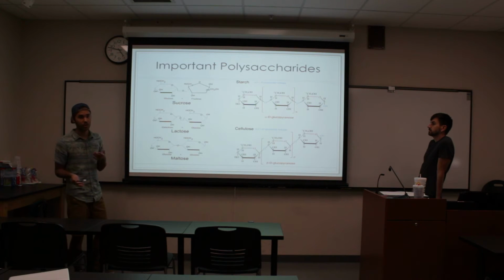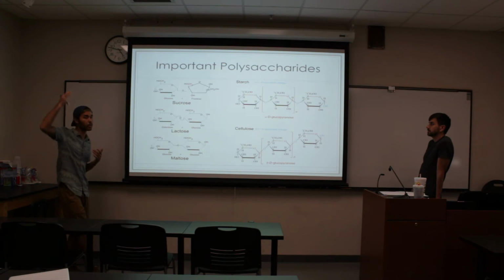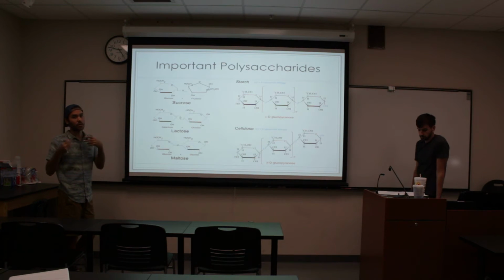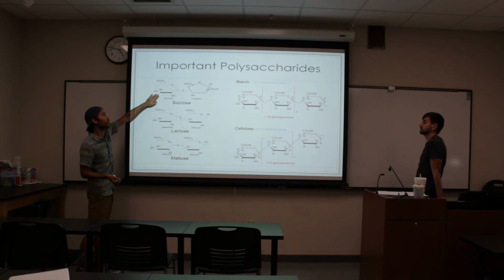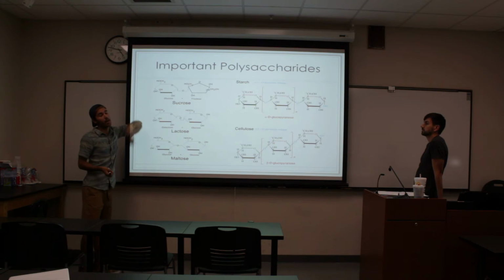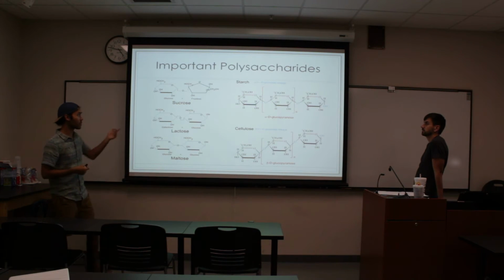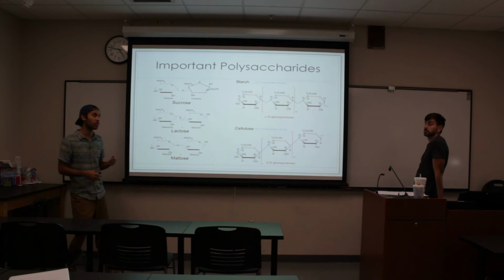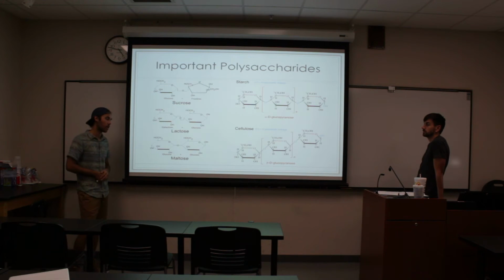Note here, I didn't have a picture of it, but there are ketoses, which have a keto group at the top part of the chain and form into ribose sugars, so 5-carbon sugars instead of 6-carbon, whereas the aldoses have an aldehyde group at the end of the chain instead. So glucose and fructose join to make sucrose. Fructose is the ribose sugar or keto sugar, and then glucose is this aldose sugar.